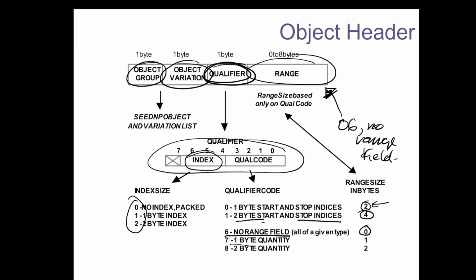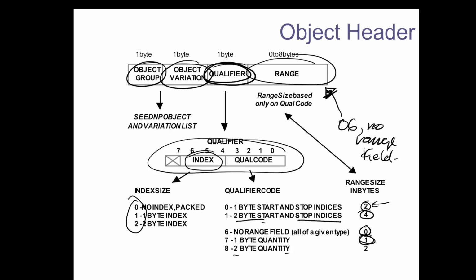Then if you look lastly here at 7 and 8, what is 7 saying? A 1 byte quantity. So what you're saying is, out of your, say, analog input table, I want 6 points. Well, if I only need 1 byte to represent that quantity, then that means the range field is only going to be a 1 byte value. What about a 2 byte quantity?